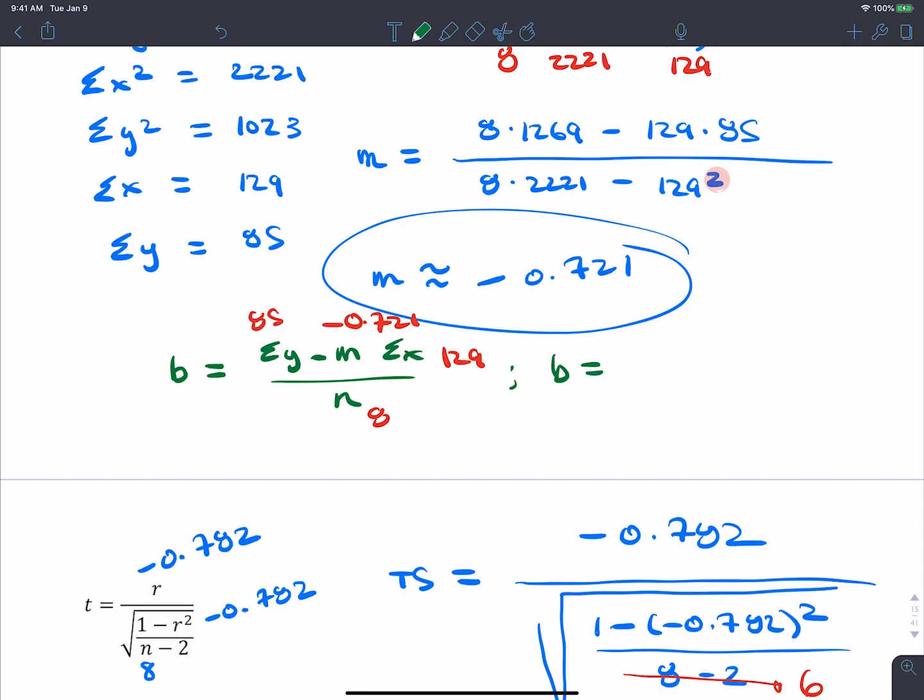So B here is going to be 85 minus negative 0.721 times that 129, over 8. Don't forget there's a decimal there.